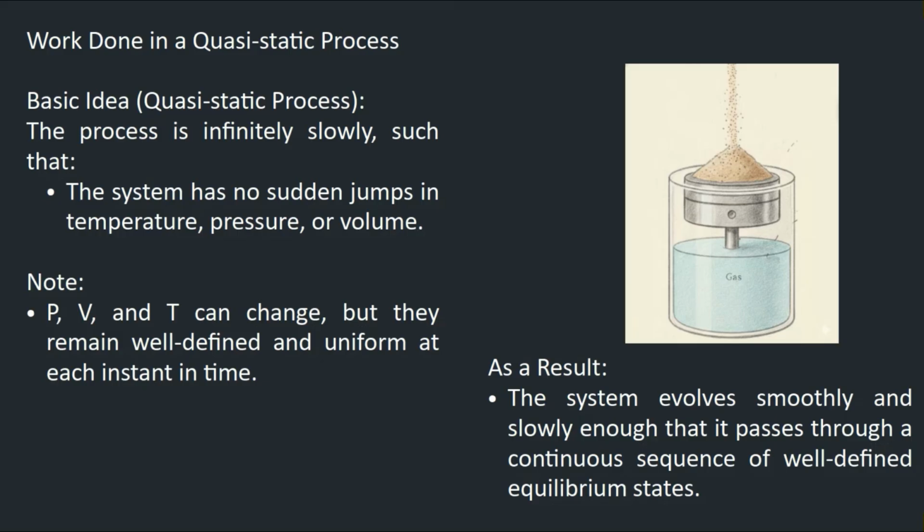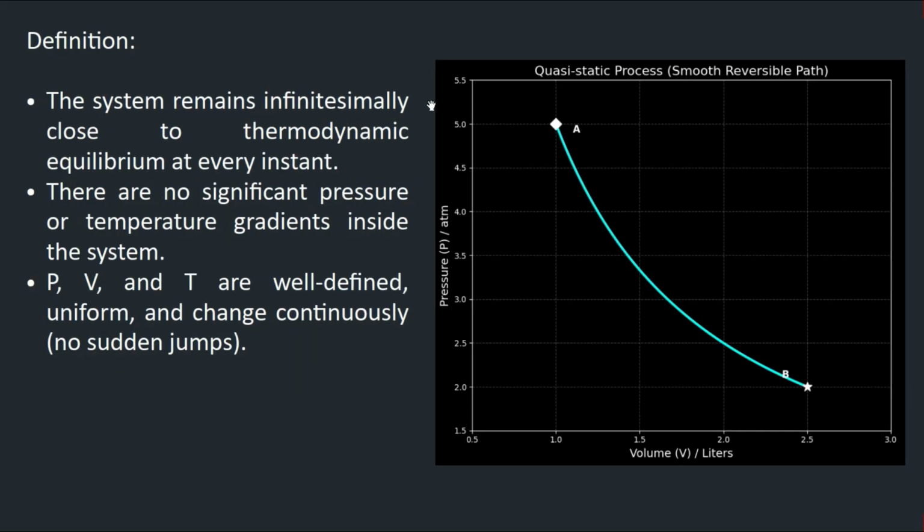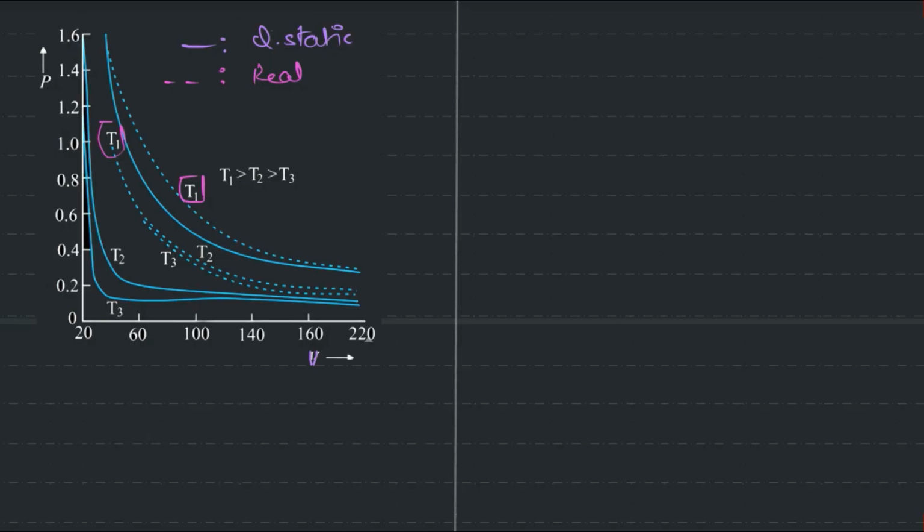As simple as that. So as a definition, the system remains infinitely close to thermodynamic equilibrium at every instant. So if someone asks you to define quasi-static, this is how you should define it: in a quasi-static process, the system remains infinitely close to thermodynamic equilibrium at every instant. So basically, if I take a point over here, the immediate surrounding points, the pressure and volume are predictable.